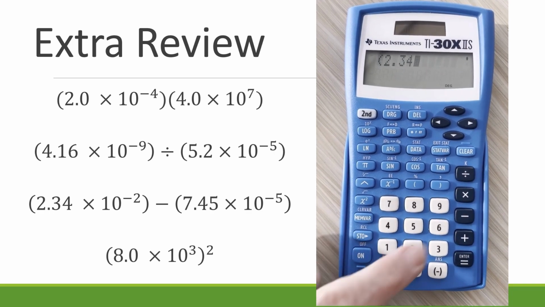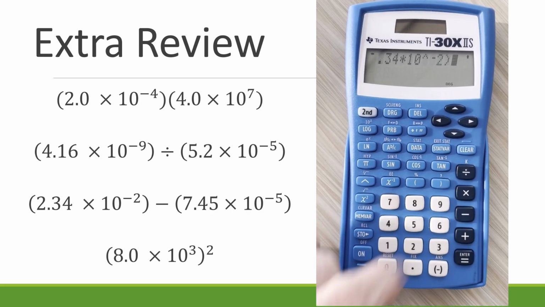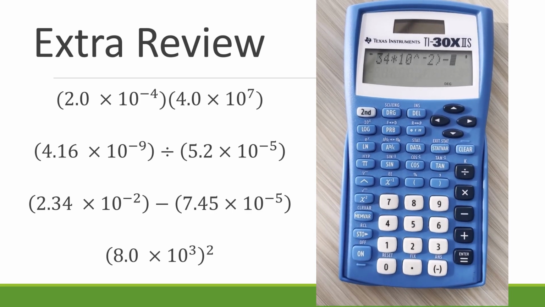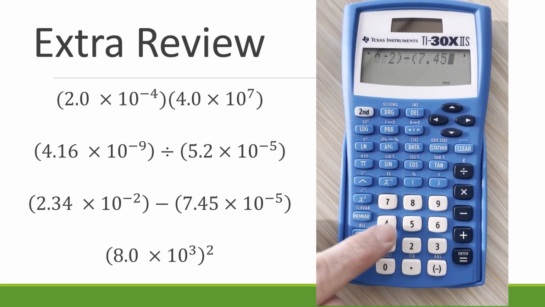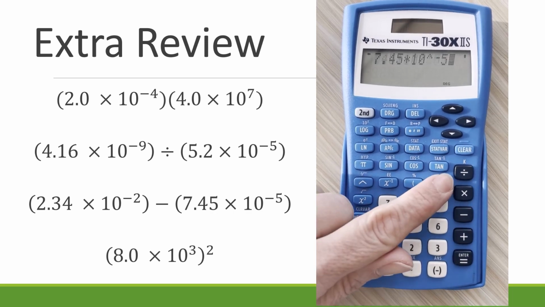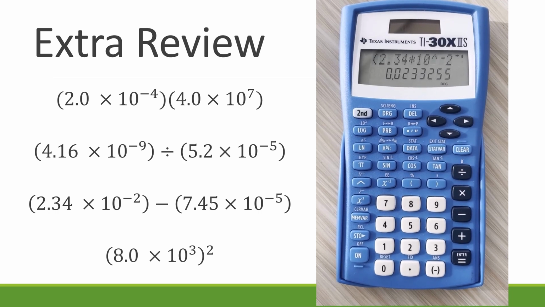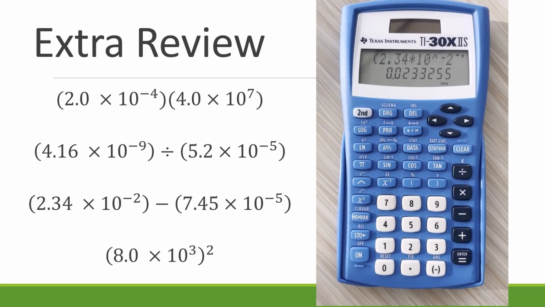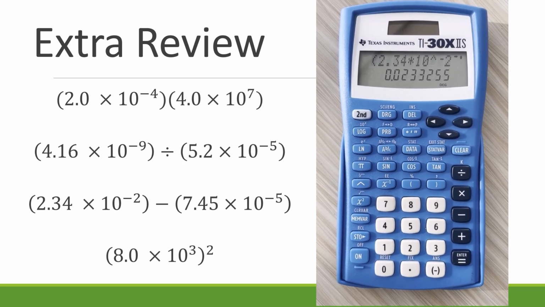2.34 times 10 to the negative 2, close parentheses, subtract, parenthesis, 7.45 times 10 to the negative 5th, close parentheses. This is in standard form. My scientific notation would be 2.33255 times 10 to the negative 2nd.